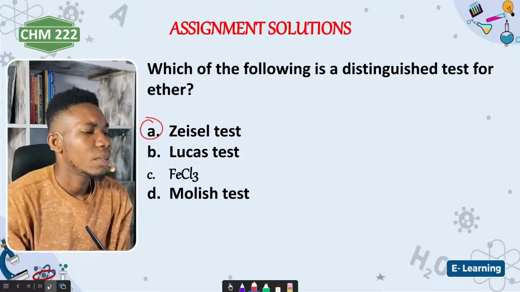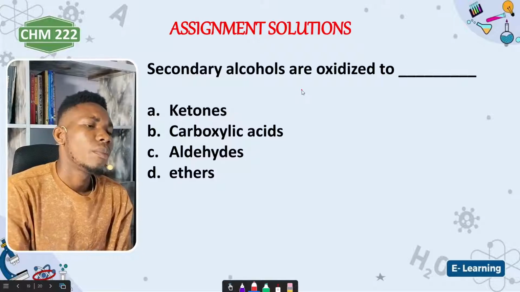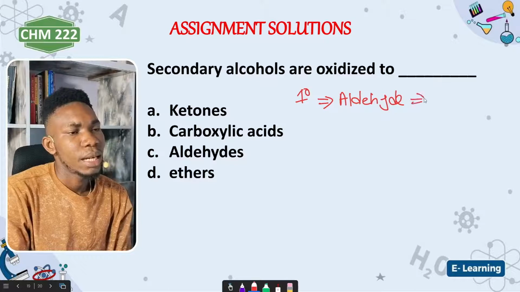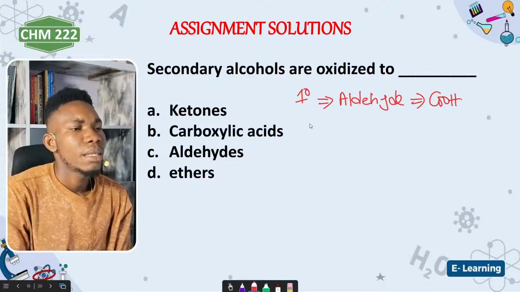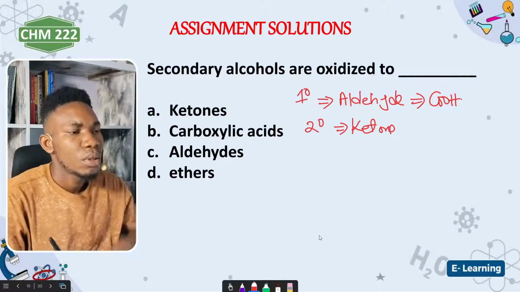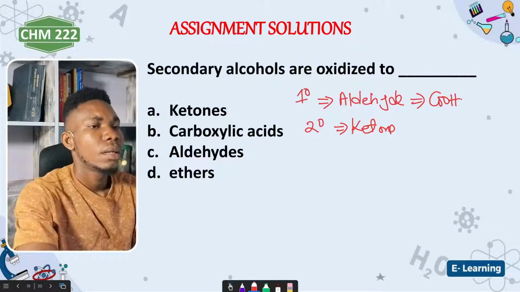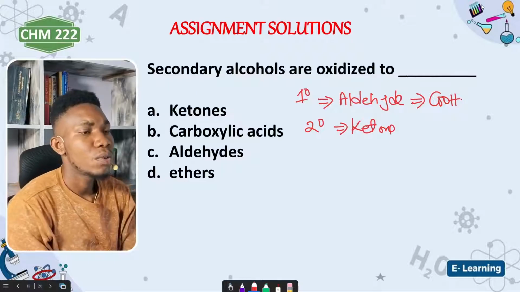All right, for carbohydrate. Primary alcohols are oxidized to aldehyde, and then subsequently they can be oxidized to the carboxylic acid. While secondary alcohols are oxidized to ketones. All right, so like I was saying, the primary alcohols are oxidized to aldehyde.